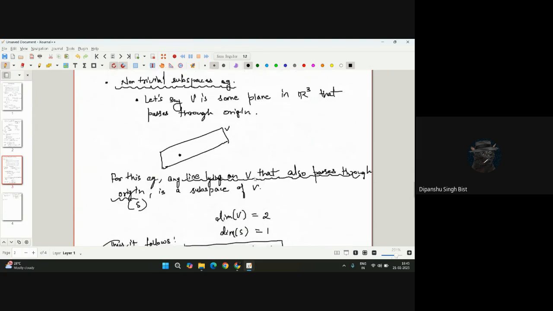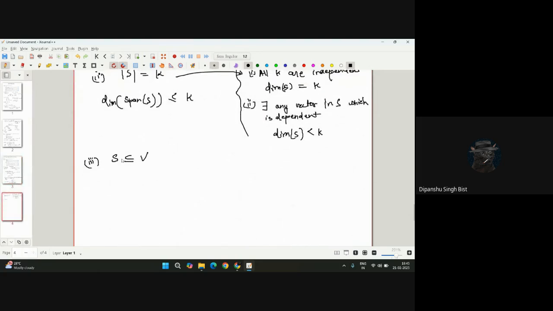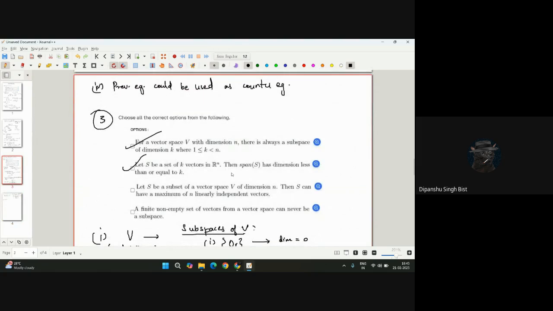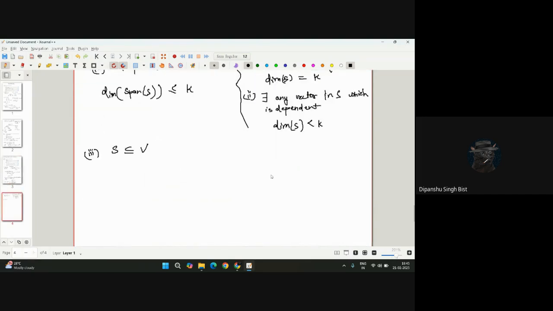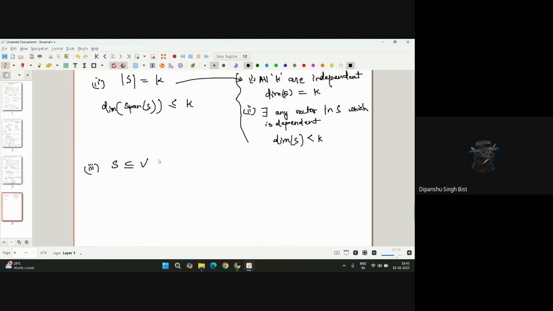Then it means it contains some of the vectors from this vector space V. The dimension of V is given as n. So it says S can have at max n independent vectors.